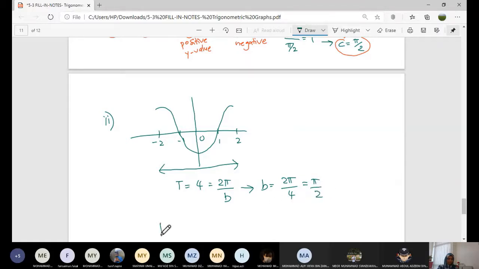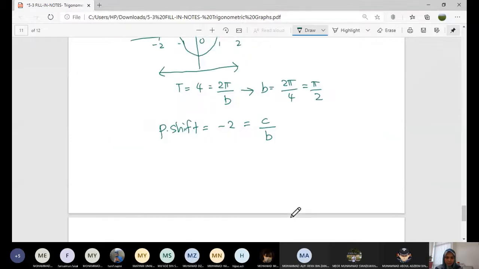And then for your phase shift, we measure from y-axis to the starting point of its graph. Phase shift is negative 2, and the formula for phase shift is C over B. Then we substitute C over B. B is pi over 2.